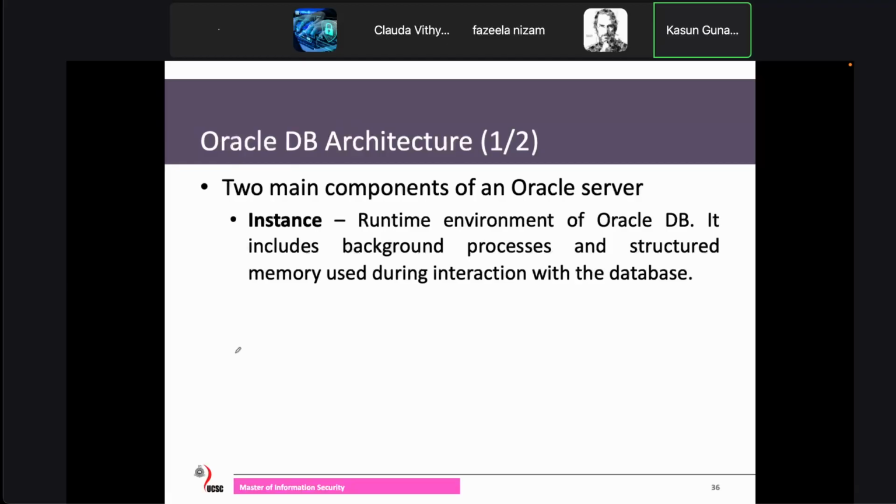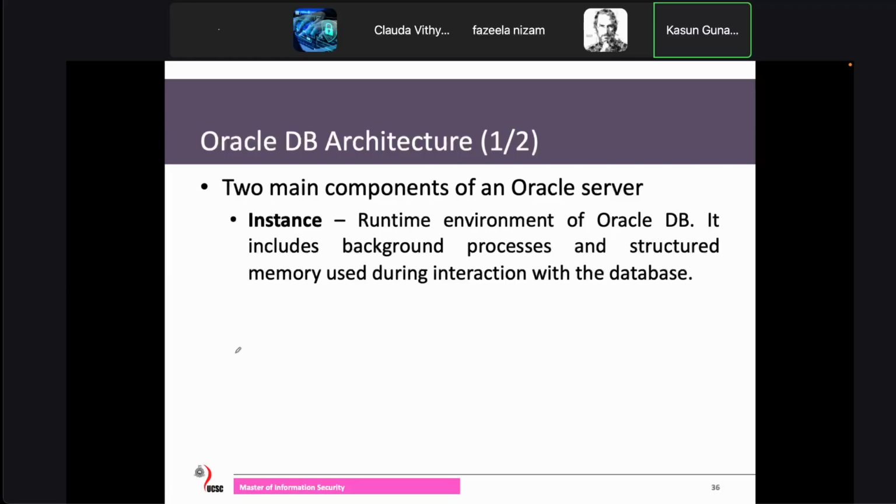Then I will just introduce the overall architecture of Oracle database and Microsoft SQL Server, because those are the two most popular databases in the world. Other architectures, perhaps you can search by yourself.